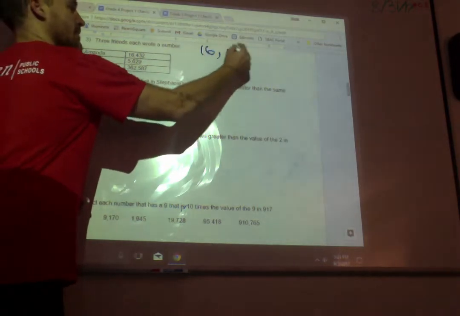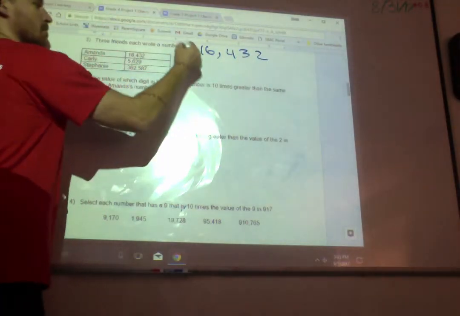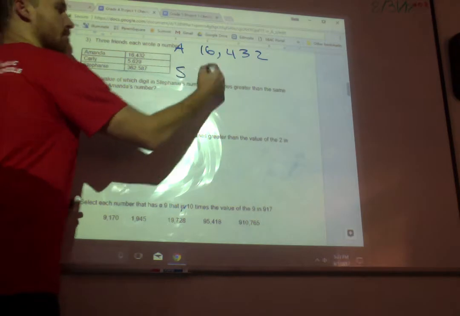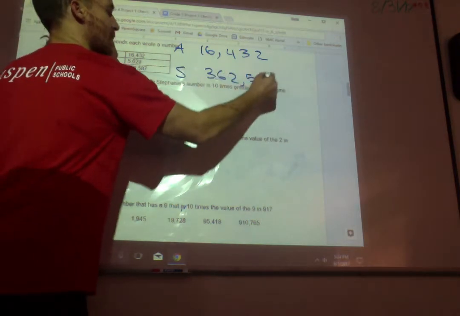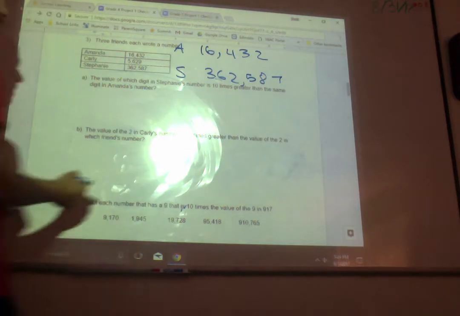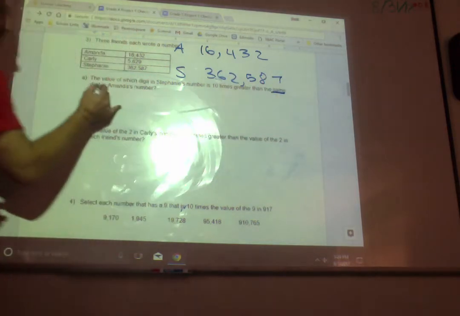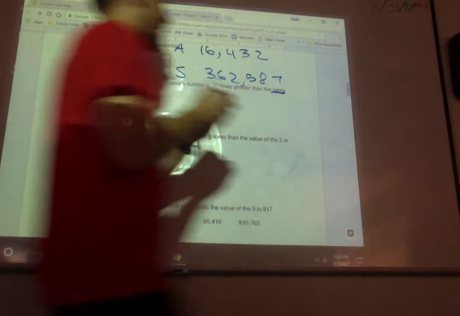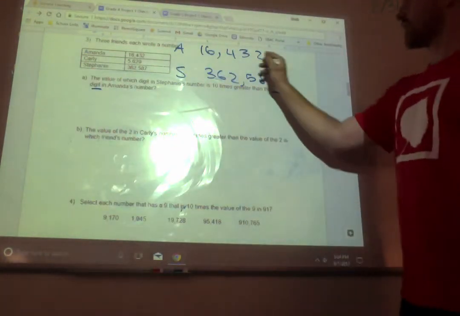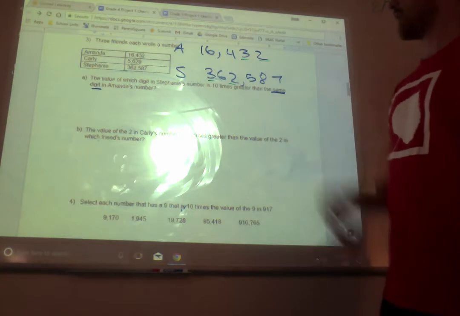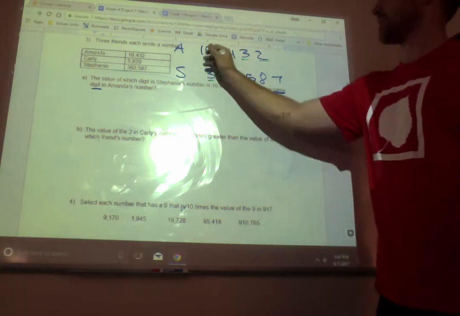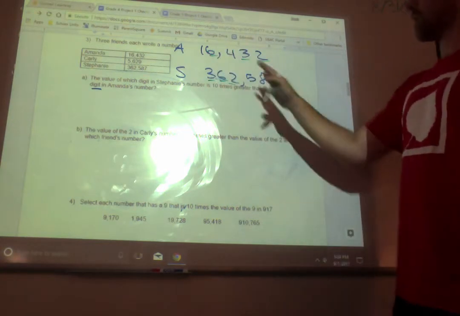Amanda's number, Stephanie's number. We're talking about digits that are the same. Which digits are the same? Let's see, the 2 here and the 2 here. 3 here and the 3 here. 6 here and the 6 here. Anything else the same?